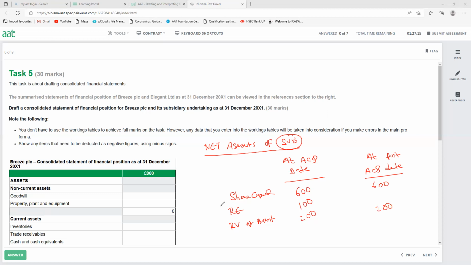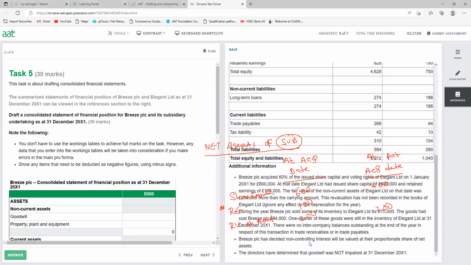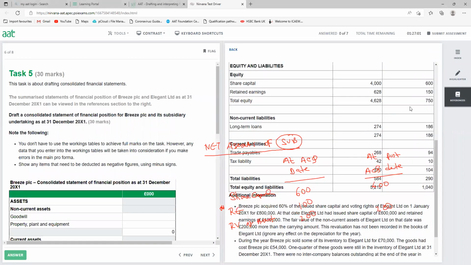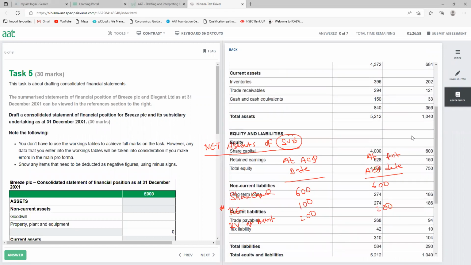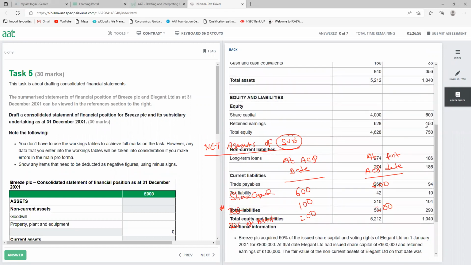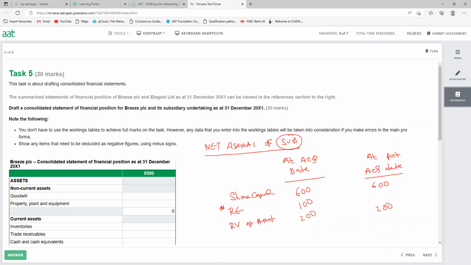But we need to be careful with the retained earnings. Retained earnings at the date of acquisition was 100, but we need to look at how much retained earnings the subsidiary has at the post-acquisition date or year end. So if you look at the retained earnings for the subsidiary, E Limited, it's 150. So that means when I bought E Limited as my subsidiary, the retained earnings was 100, and at the end of the year, it is 150.